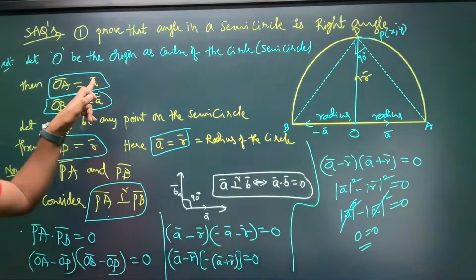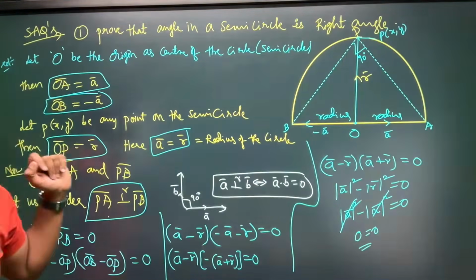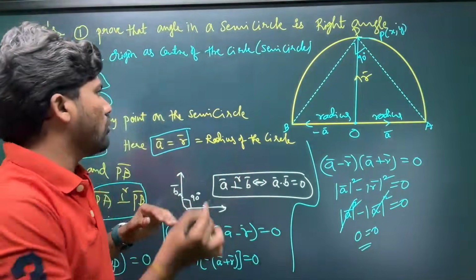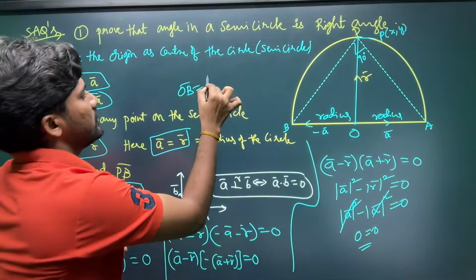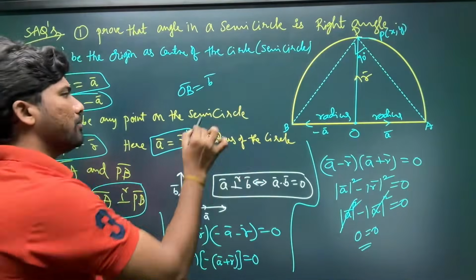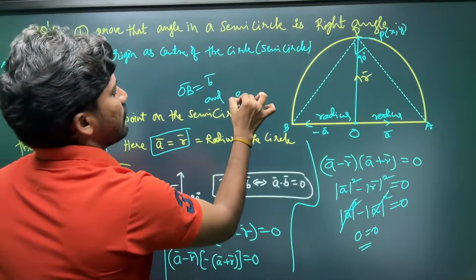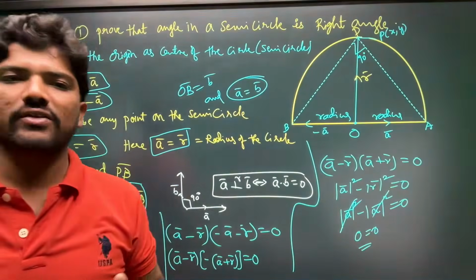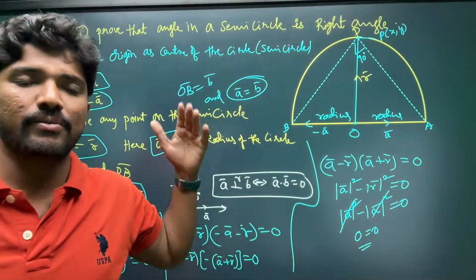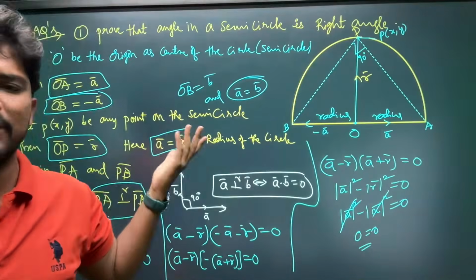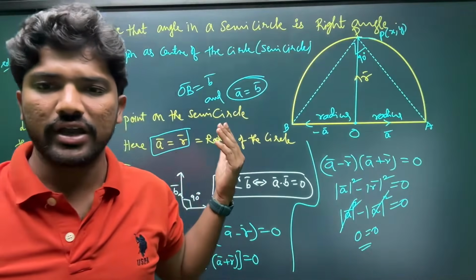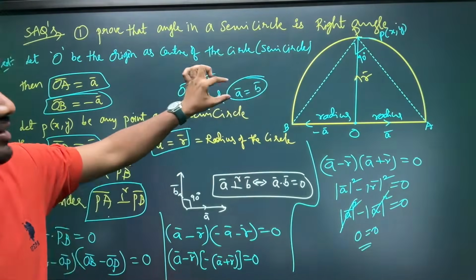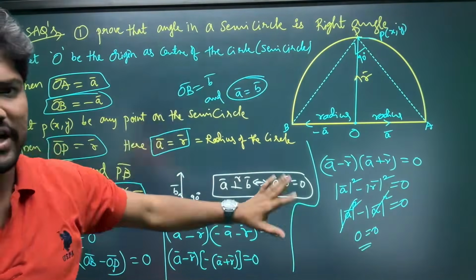That's why when you take this one as A bar, you have to take this one as B bar. You can take B bar also, and the condition is that the A bar radius value is equal to B bar. If I write it like this, you will not accept, since A is different and B is different. But A bar is equal to B bar, so whenever you take it like this, you also get the same condition.